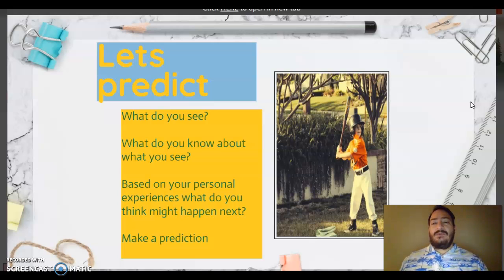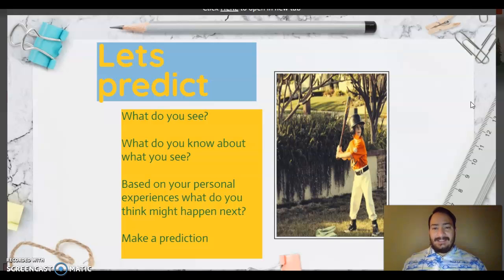Now, when we look at pictures, we don't just focus on the main object or subject. We also need to take a look at the environment around this subject or object. In this case, if we look at the environment around the boy, we can see that he is not at a baseball field.